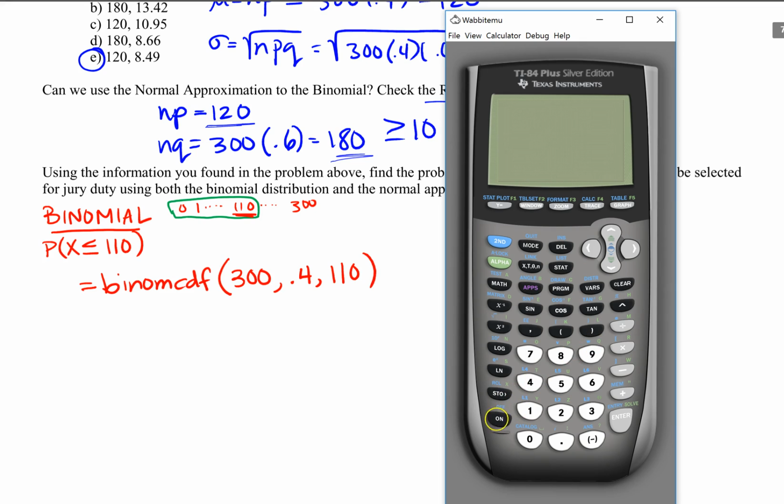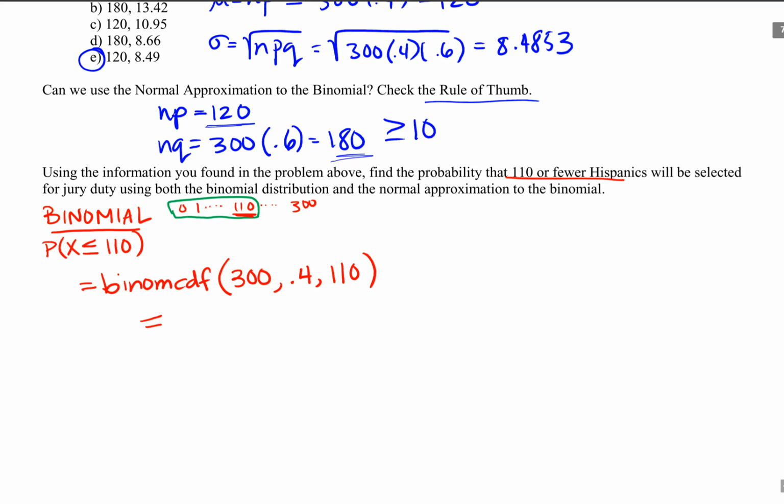Binomcdf, 300, 0.4, 110. If you actually type this in on your calculator at home, you'll notice that your calculator lags for a second. So 0.1312, because it's adding up all of that stuff and it takes a little bit of time. This is not something that was possible years ago. Now it's possible and way easier. So that's the binomial version of this.